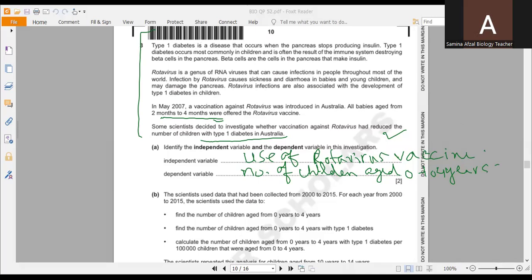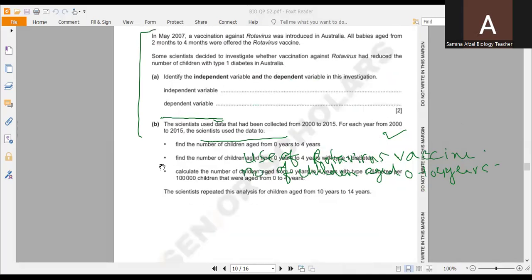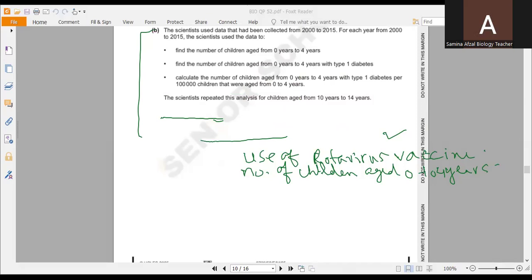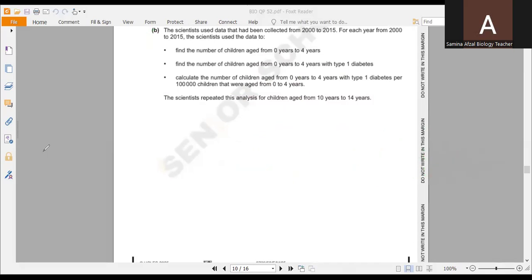Now, the next question is: the scientists used data. First of all, I have to read. The scientists used data that had been collected from 2000 to 2015.